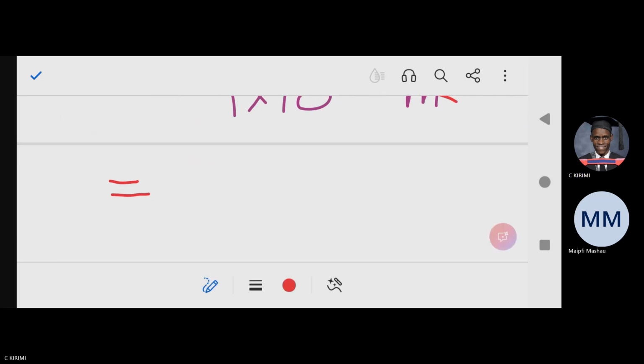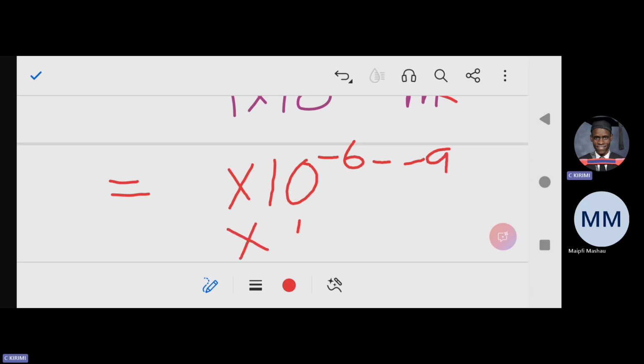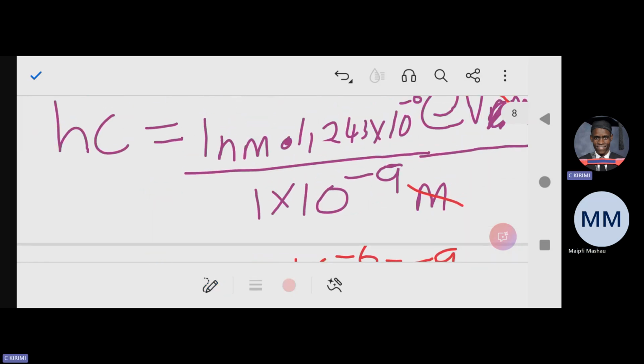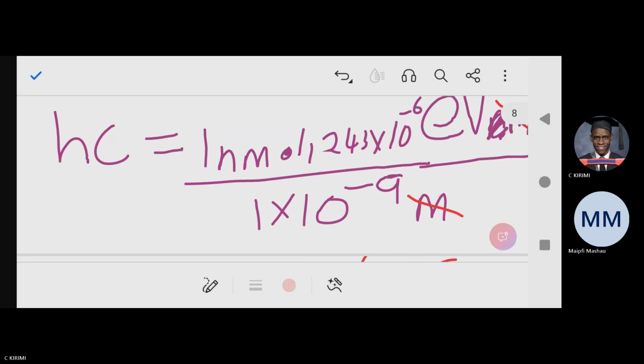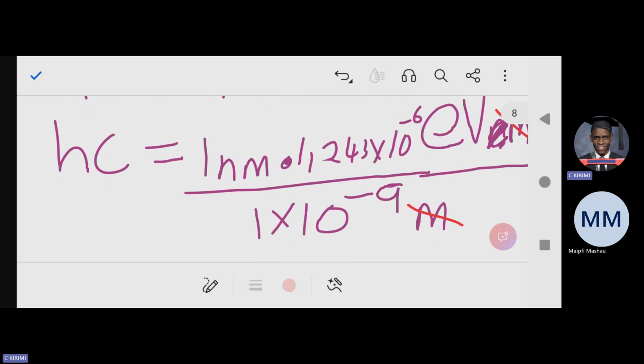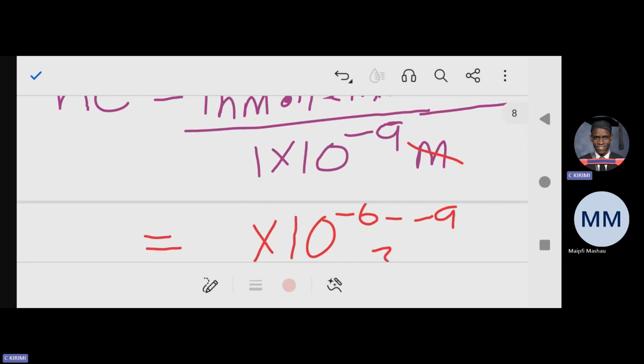It will be times 10 to the power negative, because they are dividing a negative exponent, which was negative 9. So at the end, it will be the same as 10 to the power 3. So when you convert electron volt meters to electron volt nanometers, we are simply multiplying by 10 to the power 9.